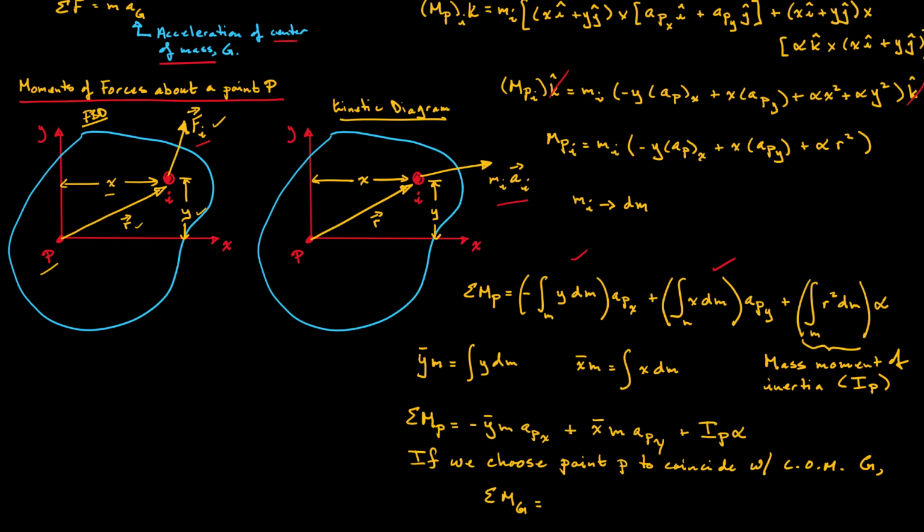So the sum of the moments about the center of mass is equal to the mass moment of inertia, and this is about the center of mass now, multiplied by the angular acceleration alpha.